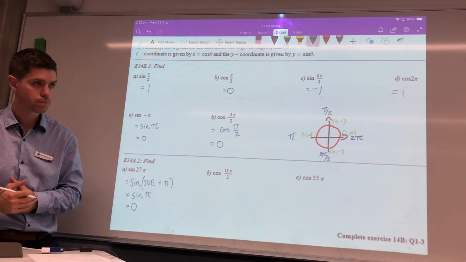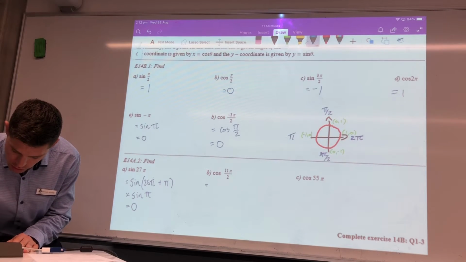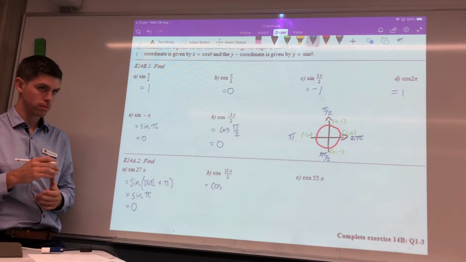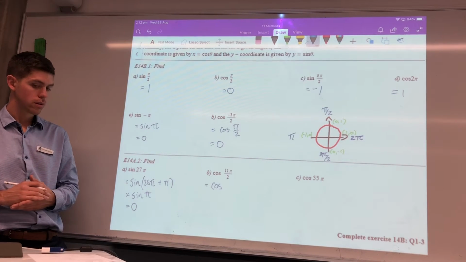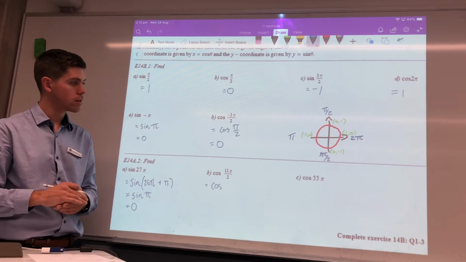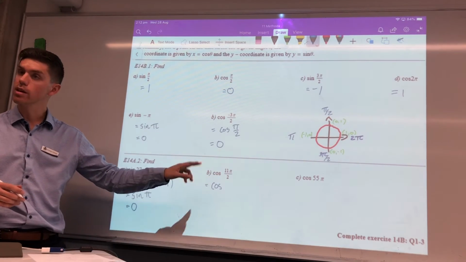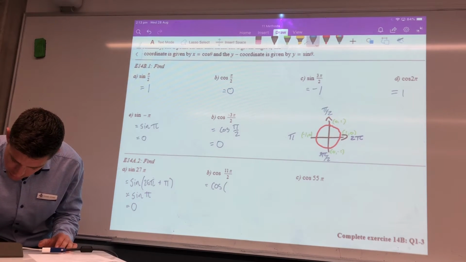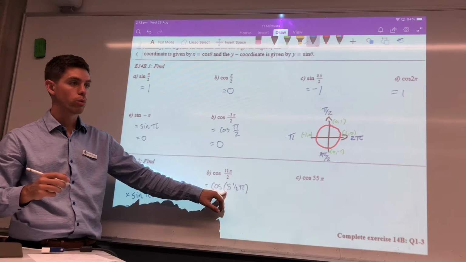What about this one here? Does anyone want to have a go? It's in the second quadrant on the circle. Is it 1? It's not 1. Well, let's break down the fraction first. 11 over 2, in decimal form, is 5.5. So we've got 5.5 pi. So 5 pi is exactly 1 pi more than 4.